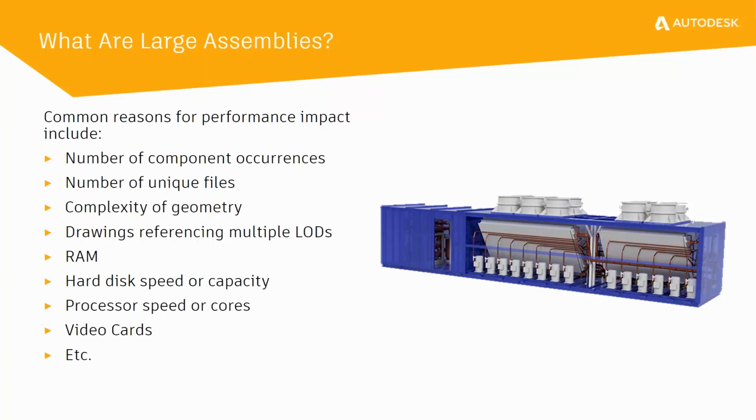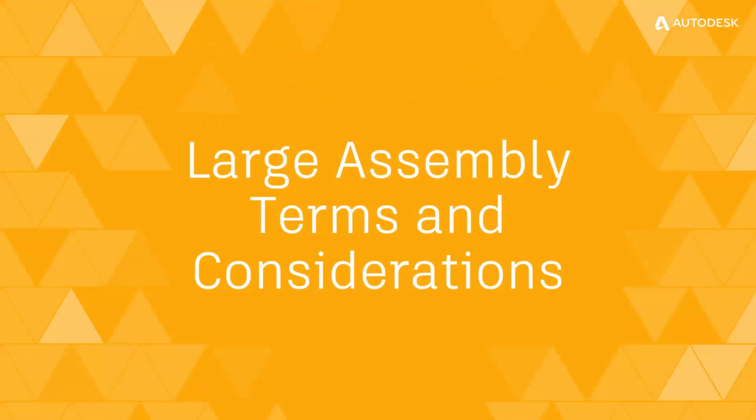It could be just the way that you're using things like level of detail inside of your drawings. It also could be hardware related. It could be memory related or hard drive related. It could be the processor speed that you're using on your machine. It could even be the graphics card. There are a lot of reasons that it could be, and hopefully through the course of this topic we can cover a lot of this information to help improve the performance of your large assemblies.